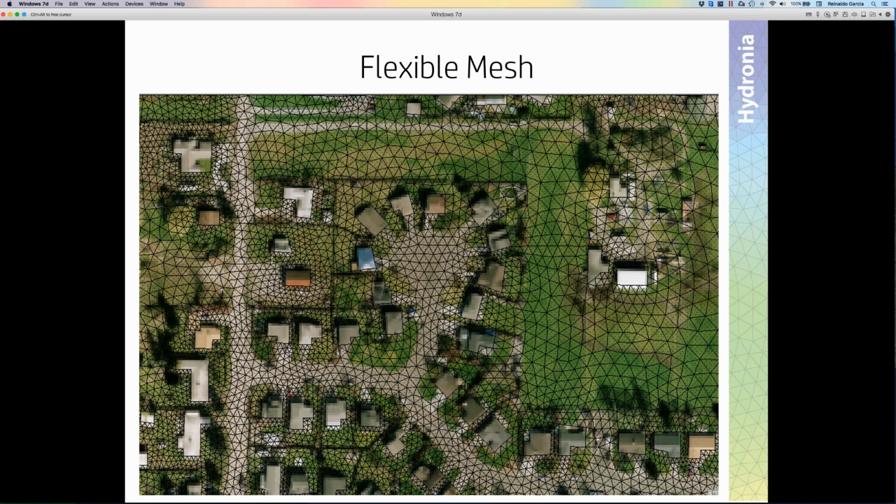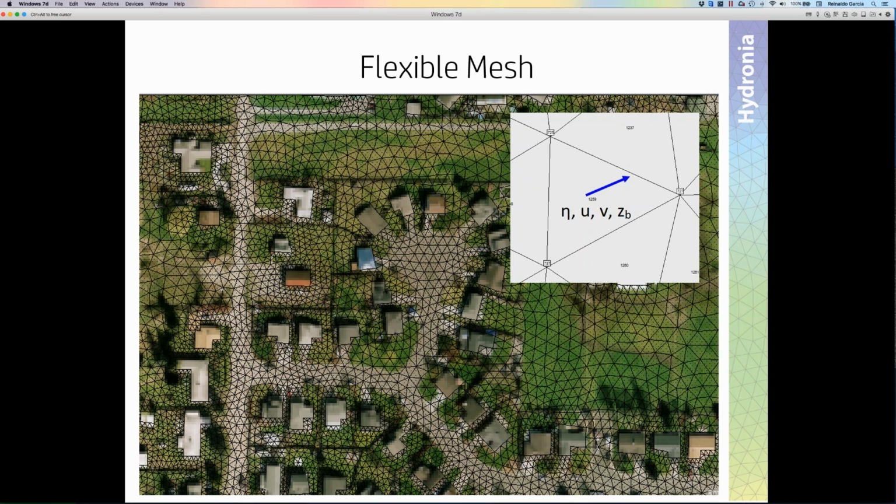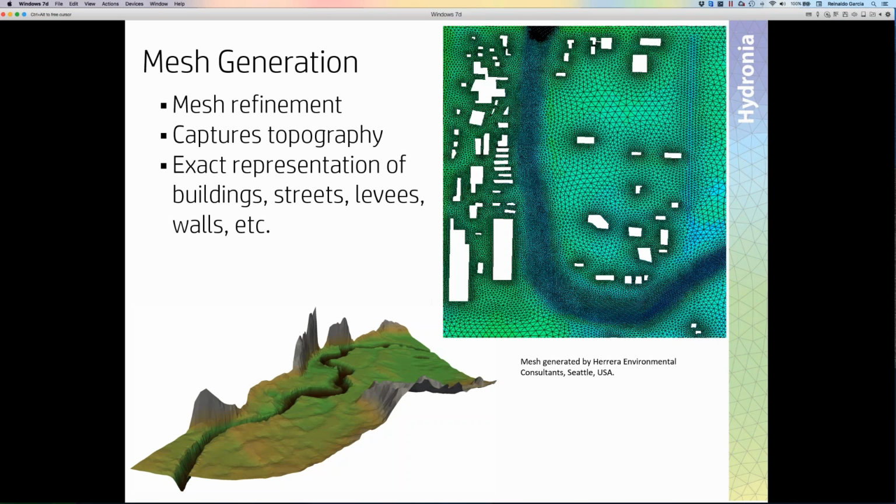And you can do that exactly because the mesh does not approximate that polyline. It just creates elements exactly around that structure. Also, the velocities can vary in any direction. It's a full two-dimensional model, so you're not restricted to any specific directions on the velocity that you can have.